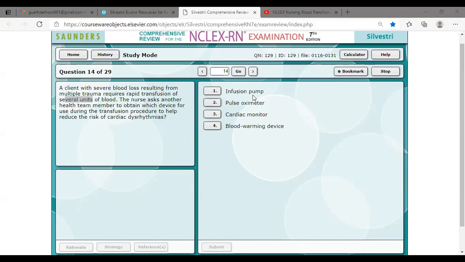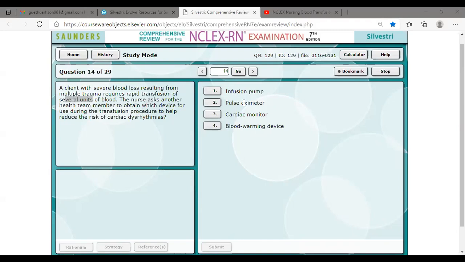We must need it, but what is most appropriate for this question? How do you prevent the dysrhythmia? Infusion pump does not prevent the dysrhythmia. Pulse oximetry is a device where you check the saturation of oxygen, right?